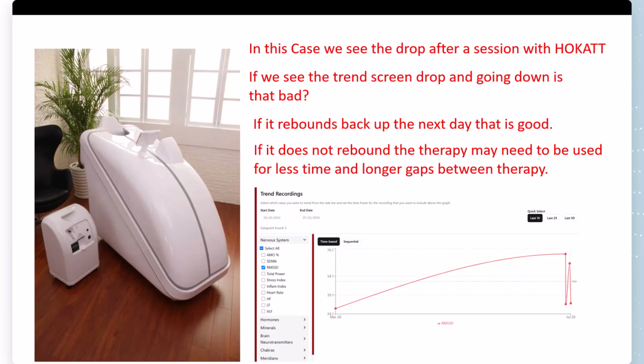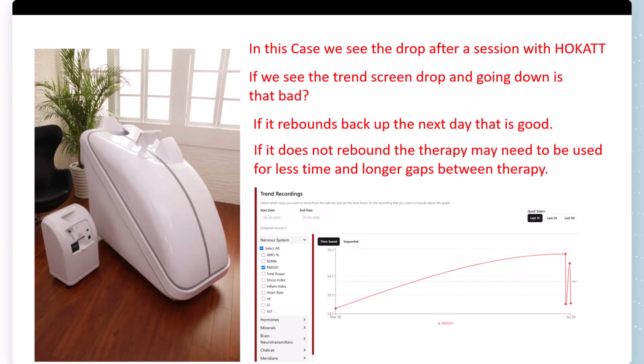And you'll be able to use your therapies and you'll be able to see that. Maybe the therapy is dropping her a little bit. Maybe she's a little tired that day, whatever it may be, and it brings her down. But does it bring her back up? Does it rebound the next day, right? If not, maybe, again, we need to alter the way we use that therapy if we're going to use it, right?